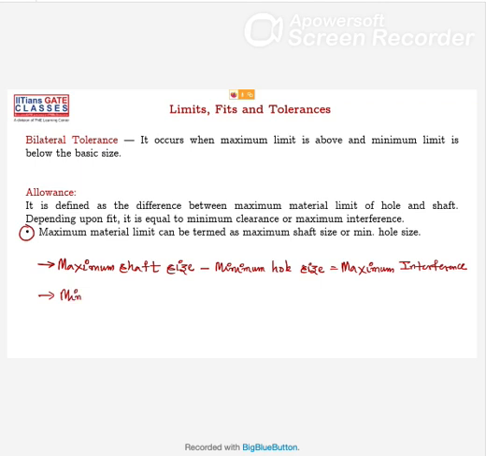And minimum hole size minus maximum shaft size is your clearance, because if there is a positive value here, then it is a minimum clearance.